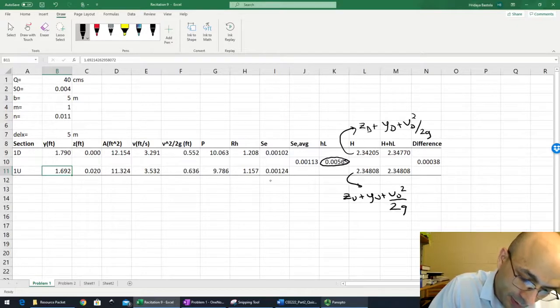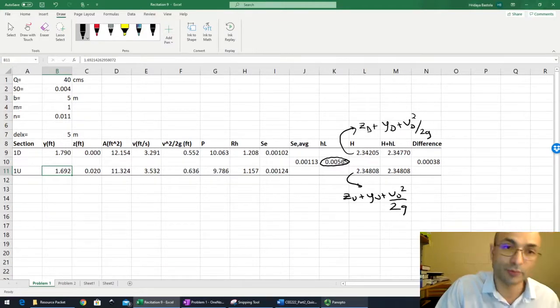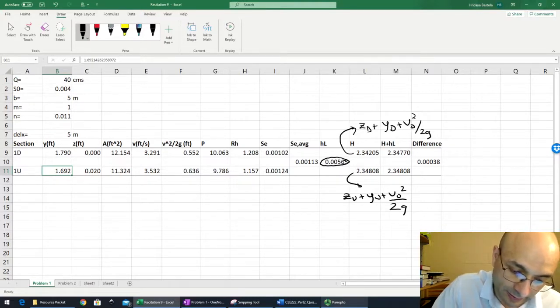This head loss value gets added only to the downstream total energy when we are trying to look at net energy.